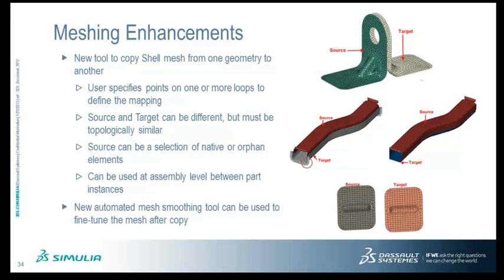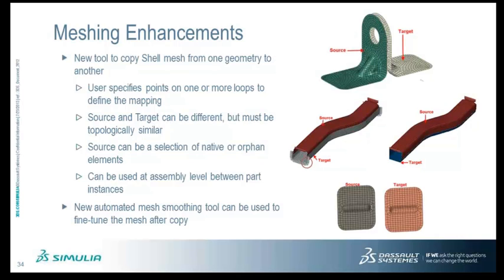The way this works is that you would have to specify points on one or more loops to define the mapping between the source and the target. The source and the target can be different, but they have to be topologically similar so that the mesh patterns that you copy make sense. This command is also applicable at the assembly level between part instances.